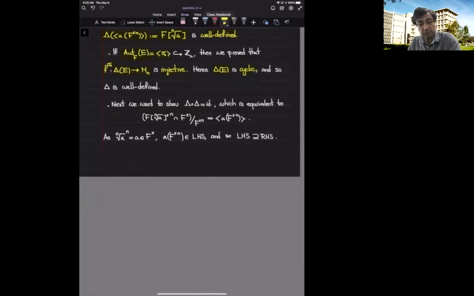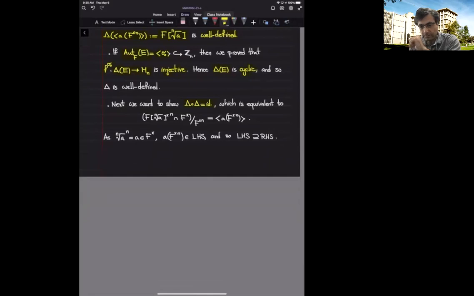Now we want to show lambda composed with delta is identity. Now let's spell out what it means. Delta takes delta of E, so I have to take an intermediate subfield and then give it a group.